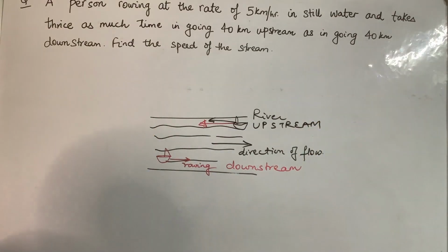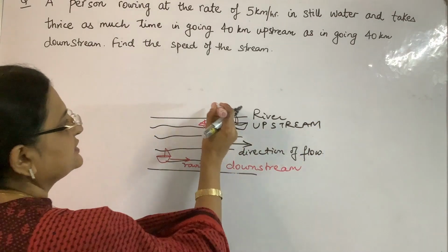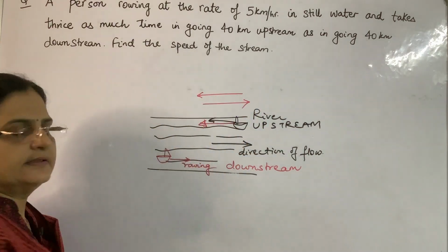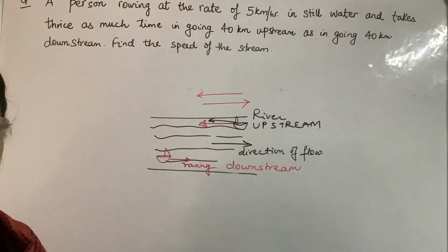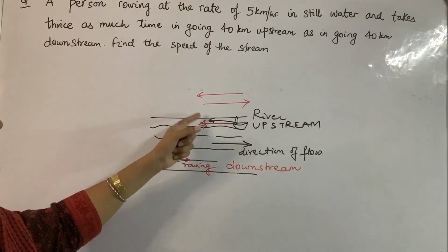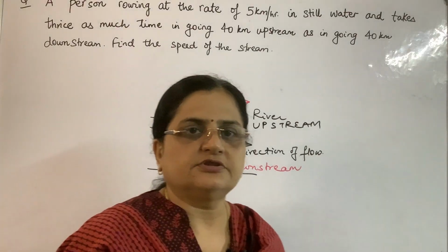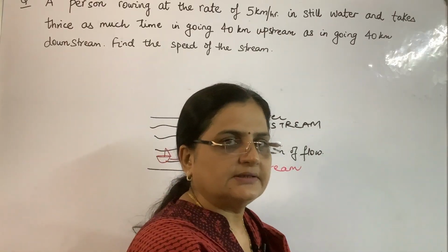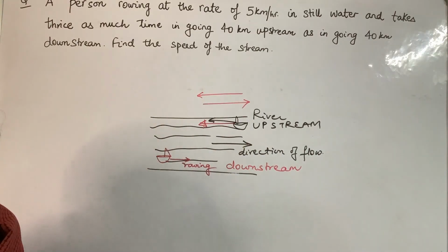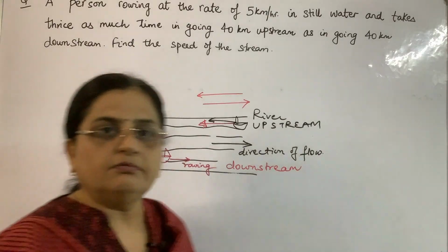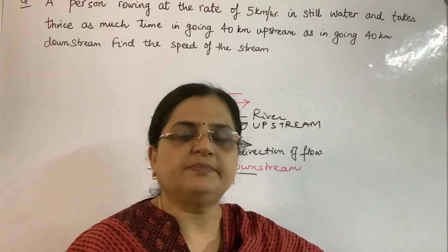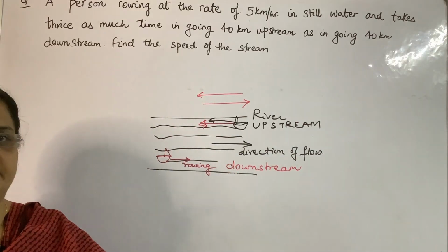So now what is going to happen? One speed in this direction and the other speed in this direction. So what will be the total speed? It will be the difference of both. Like my friend is cycling in this direction, I am pulling him back in the other direction. So what will be the speed with which he will cycle? It will be his speed minus my speed.